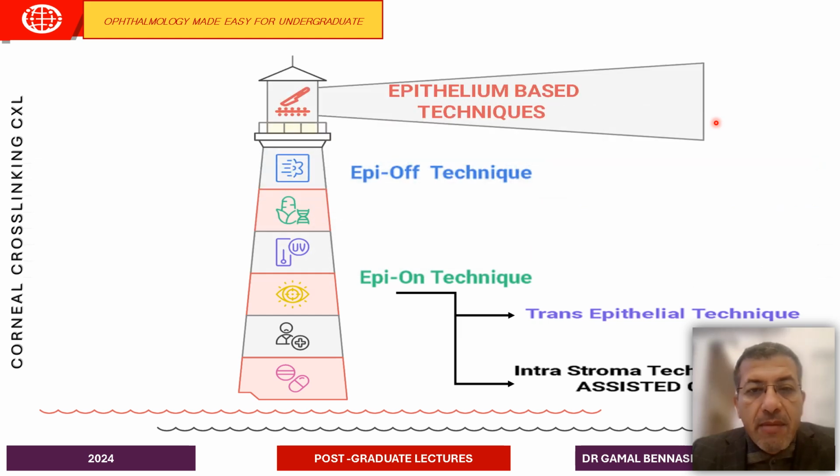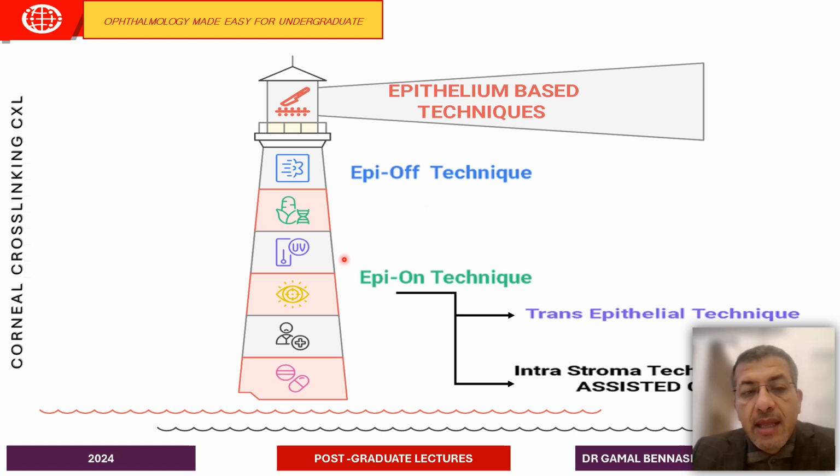For the epithelial-based protocols, the most famous and conventional protocol is the epithelial off technique, also known as the Dresden protocol, which is the prototype of all types of cross-linking, and this is the standard against which all the other cross-linking techniques are compared. The efficacy of other techniques is all compared with this conventional Dresden epithelial off protocol.